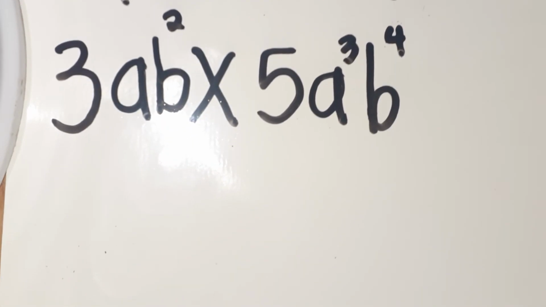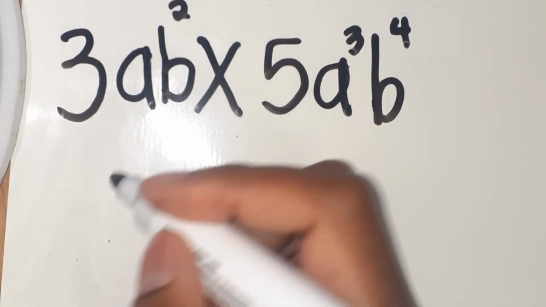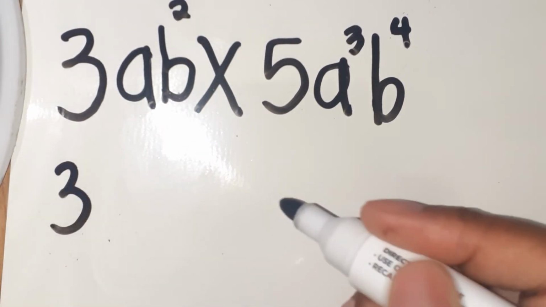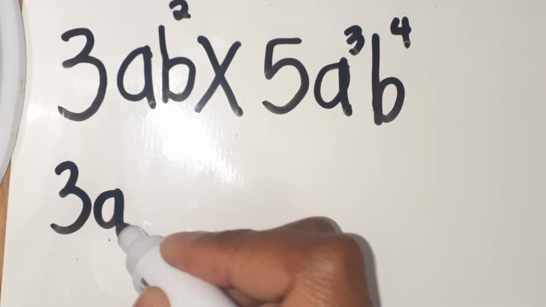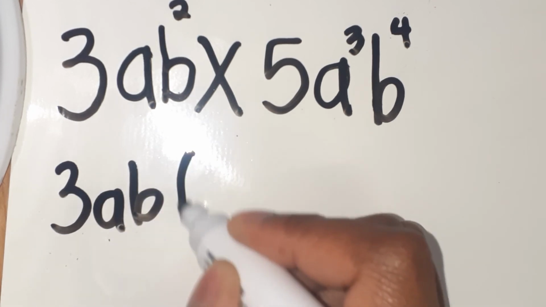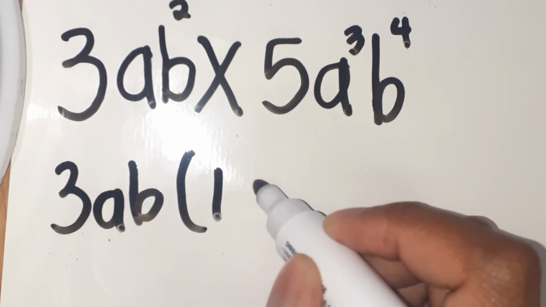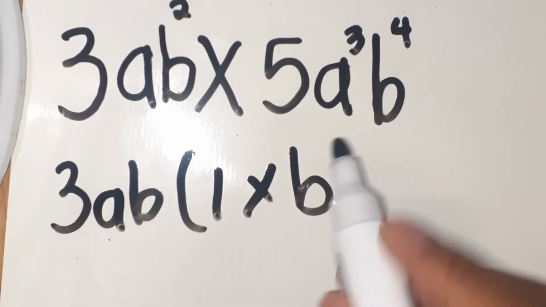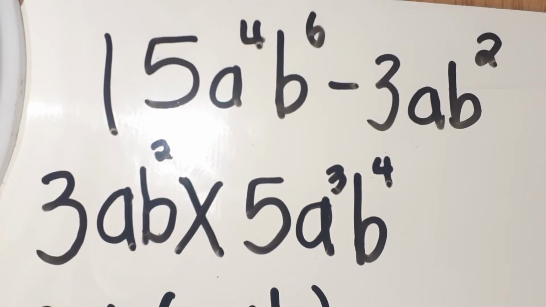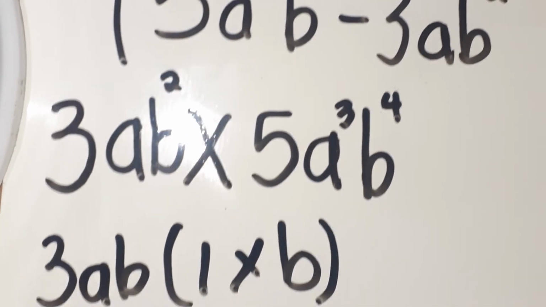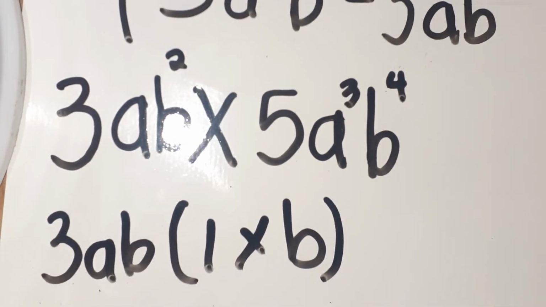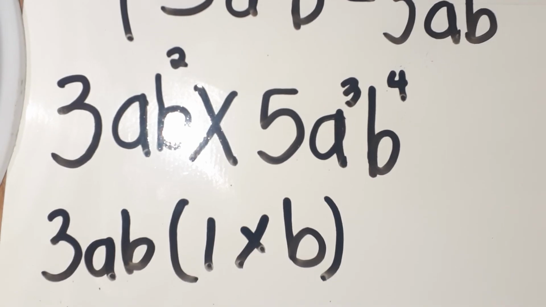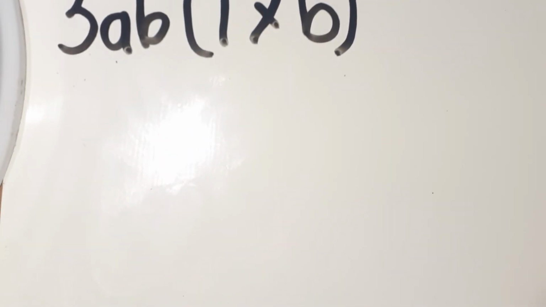I hope you got that. And then we have 3 outside. It will have a, b as well. And then you will have 1 times b. When these b's add together, they will give you b squared and take you back to this. I hope you have written these steps as I am going.